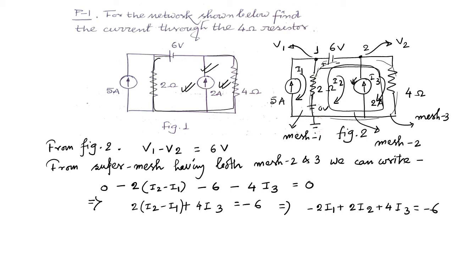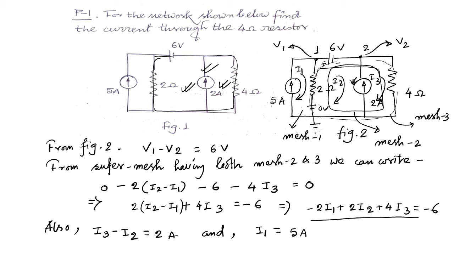And also from mesh 2 and 3, we can write I3 minus I2 equal to 2 ampere. And from mesh 1, we can write I1 is equal to 5 ampere. Now put I1 equal to 5.